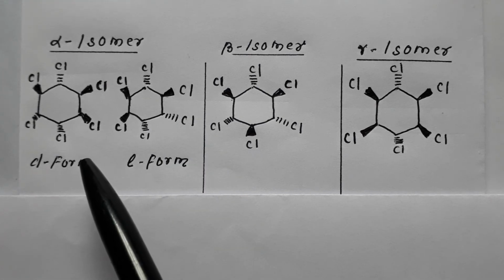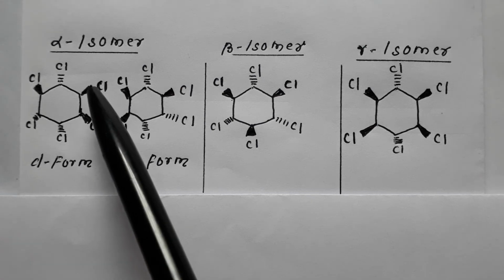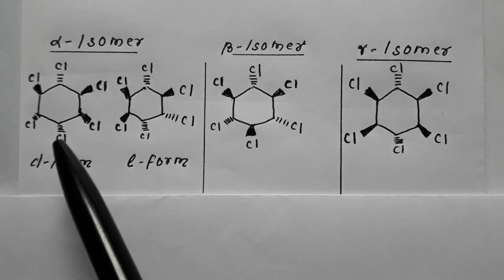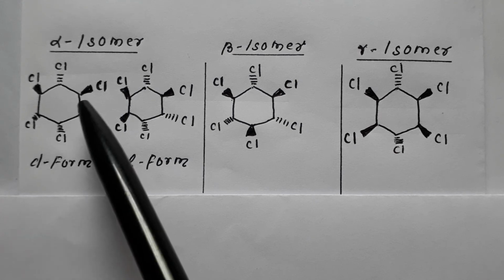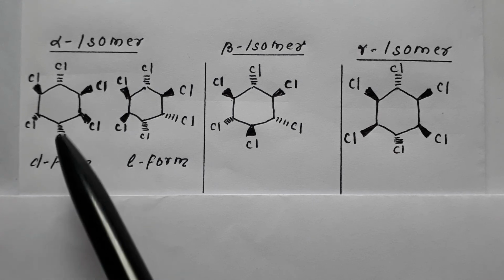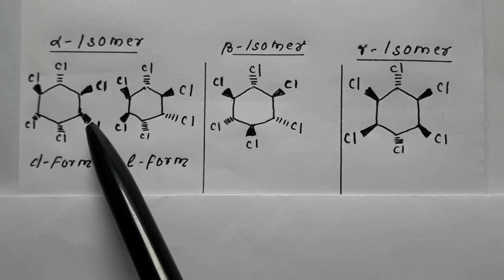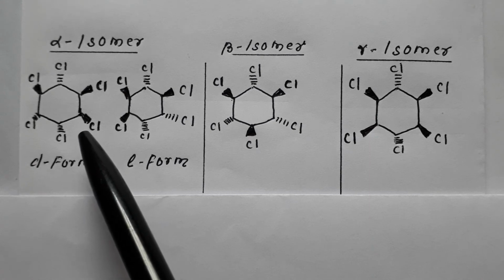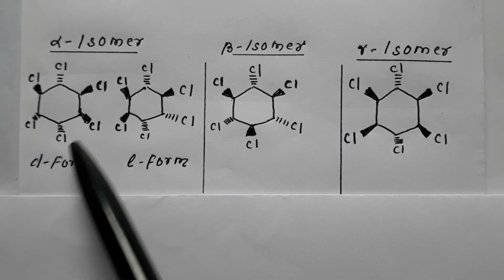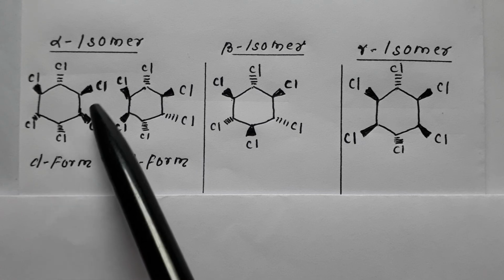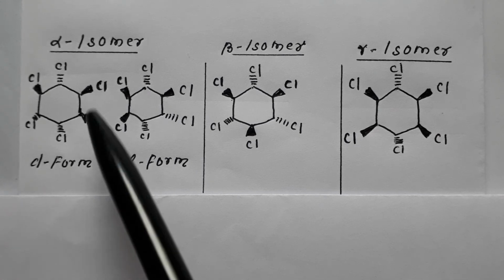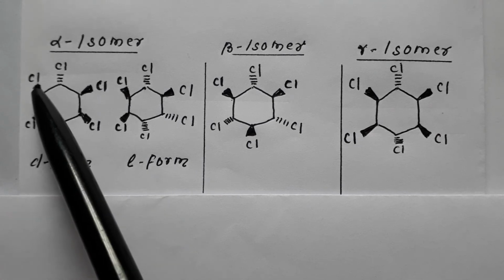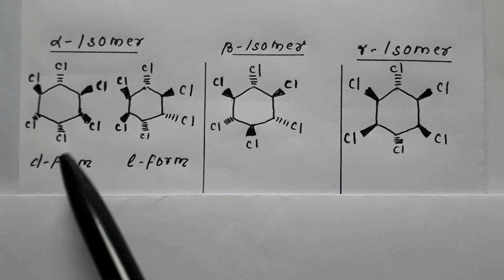In this alpha isomer, out of 6 chlorine, 3 are present as wedge and 3 as dash, that is 3 on one side, 3 on the other side. This is the wedge and dash diagram.